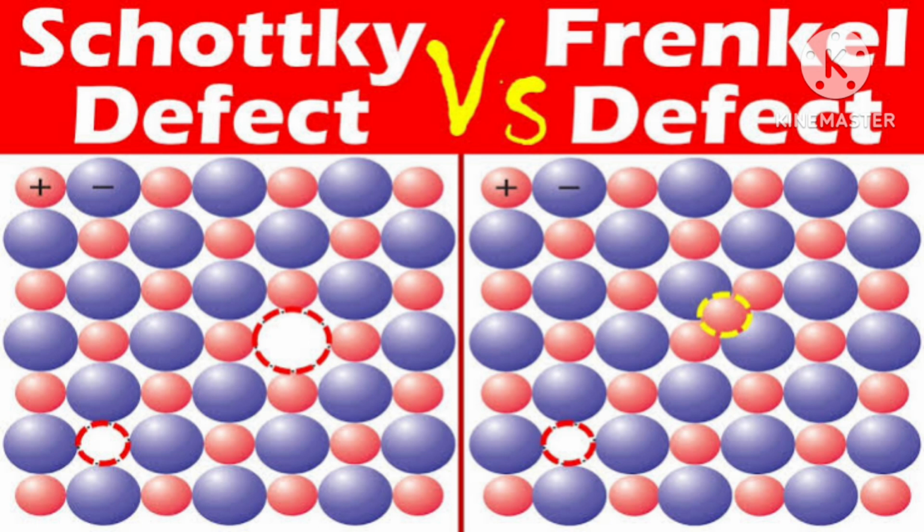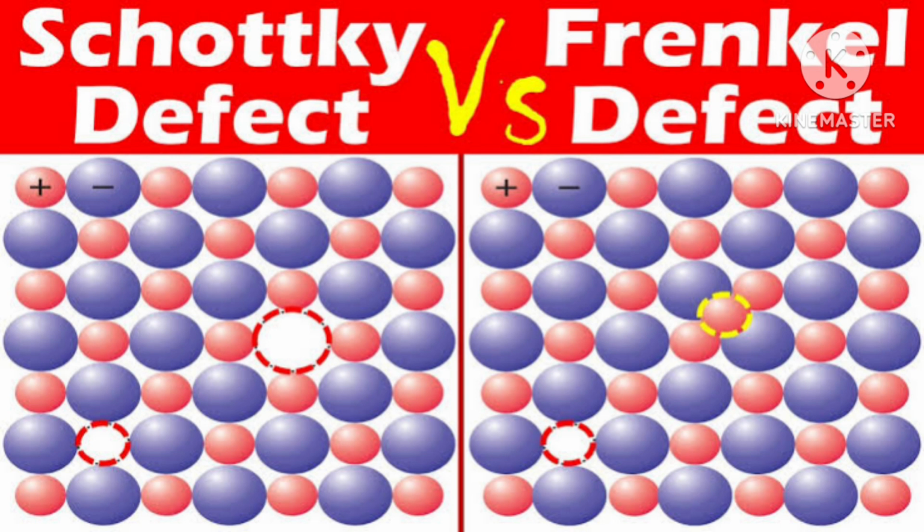Another similar example you can understand is the solid solution of cadmium chloride, CdCl2. Cadmium again has 2 positive charges. Obviously in CdCl2, 2 chloride ions are there, so cadmium will be 2 positive.